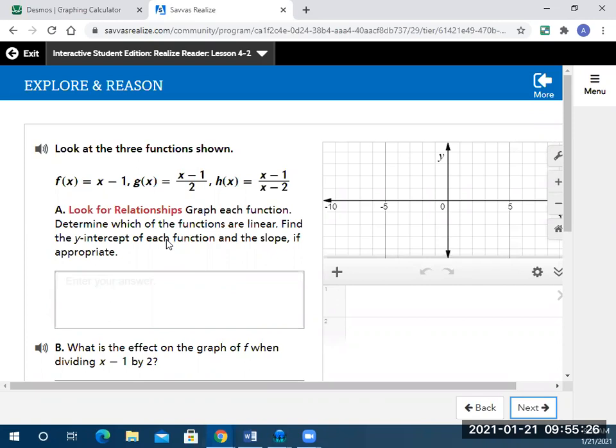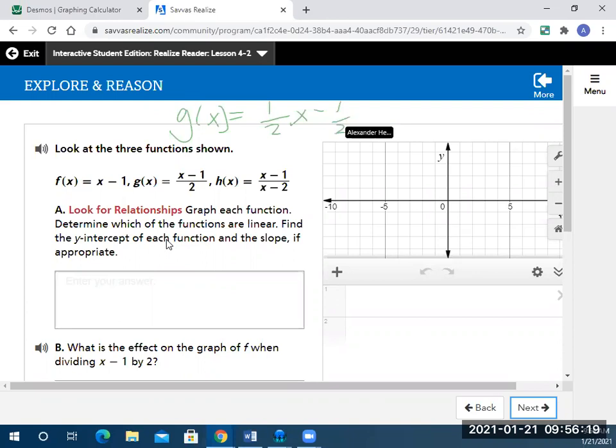This function is the same as g of x equals 1/2 x minus 1/2, right?